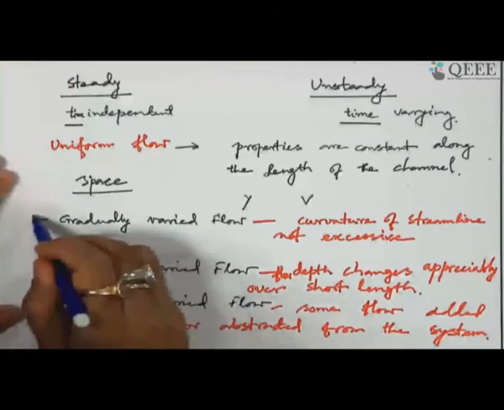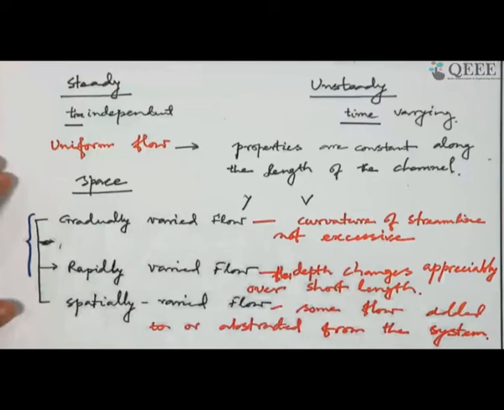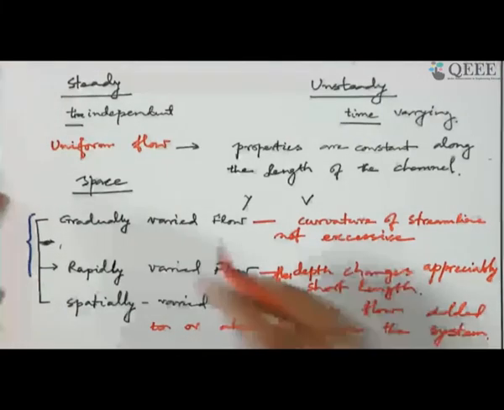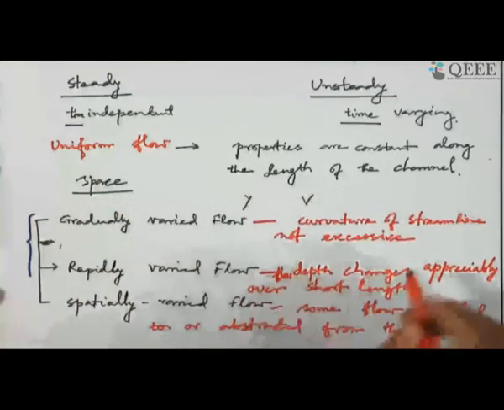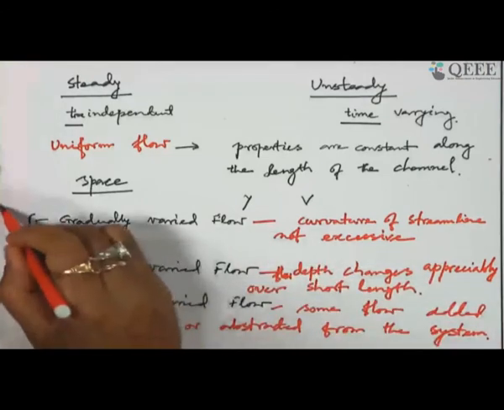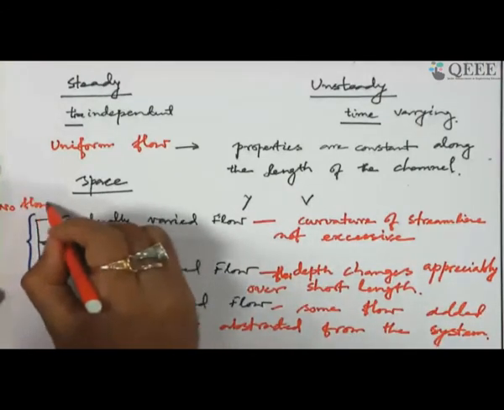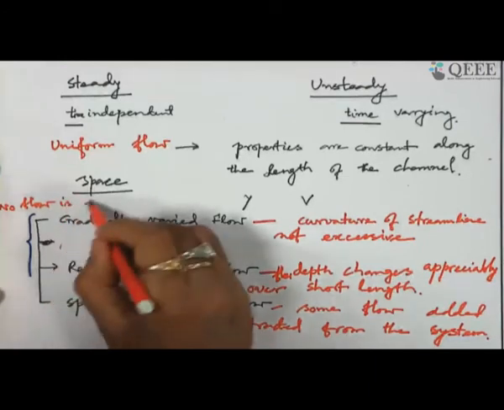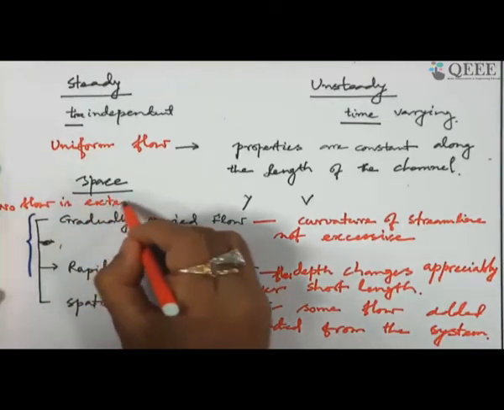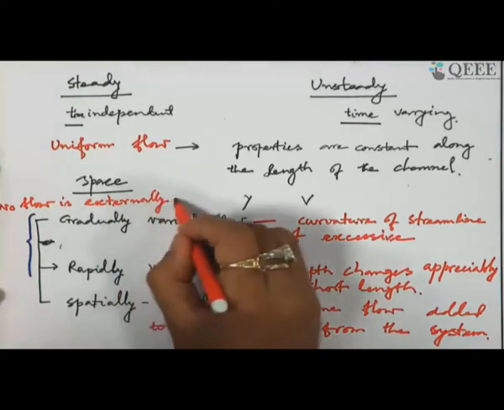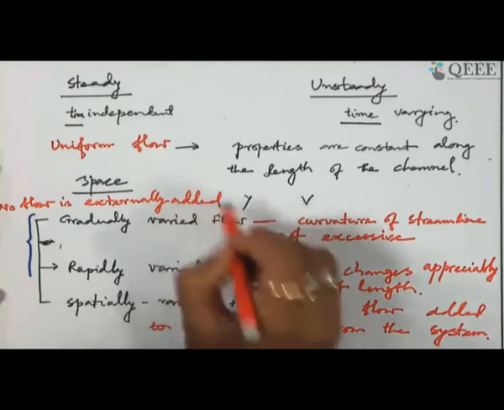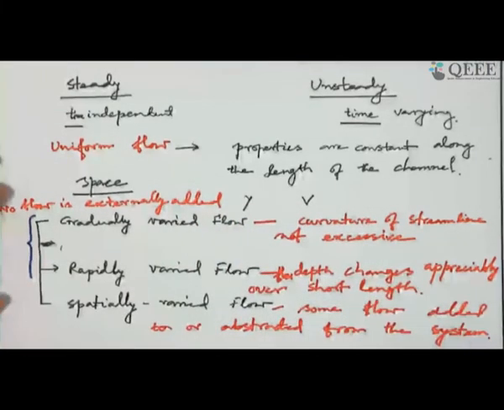In the first two cases, that is gradually varied flow and rapidly varied flow, we will consider that no flow is externally added to the system or abstracted from the system.